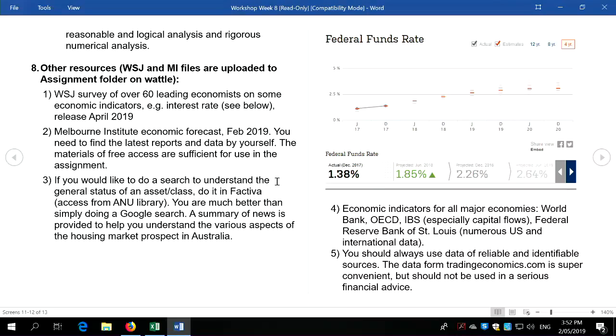Especially if you want to have access to international data or US data, no matter if it's labor market, inflation, interest rate, treasury bond yield, you can go to the website of the St. Louis Federal Reserve. They have over 1,000 time series of economic and financial market data. If you can't find anything that you need from all of these sources, let me know. Very likely I can get it for you.